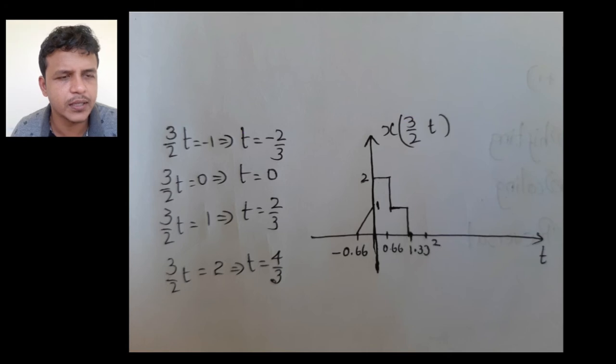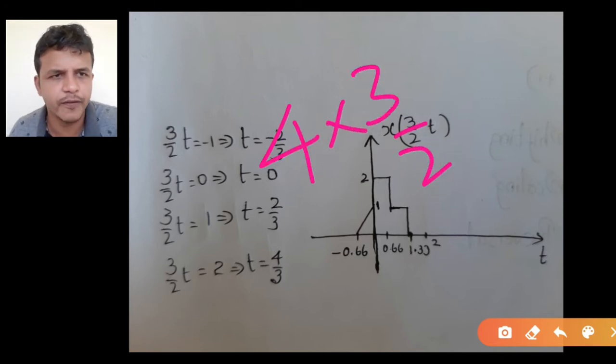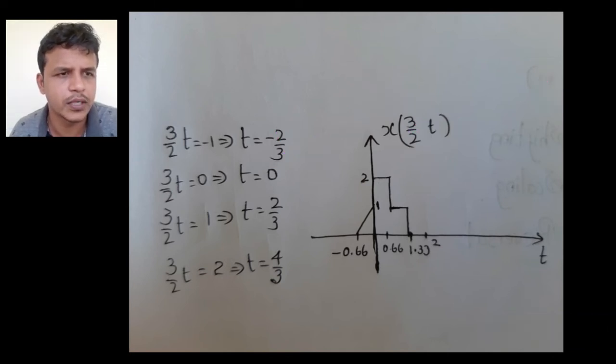And the total time duration of x of t is 4, and when we multiply that 4 by 3 by 2, which is 4 into 1.5, we will be getting... sorry, 4 into 3 by 2, we will be getting 6.